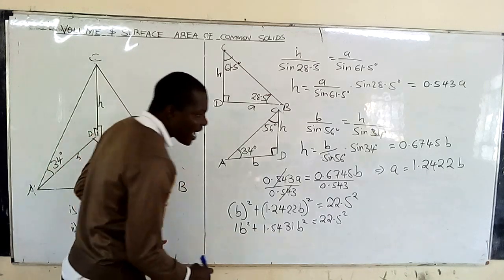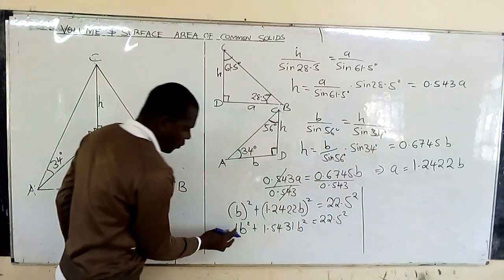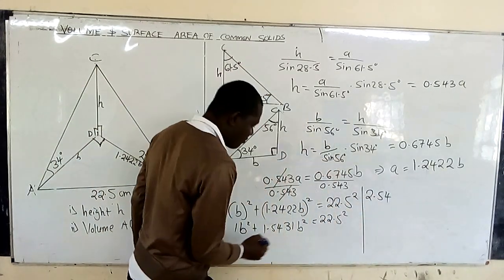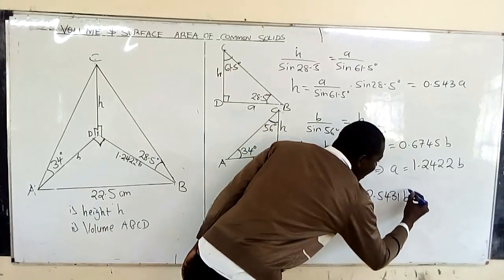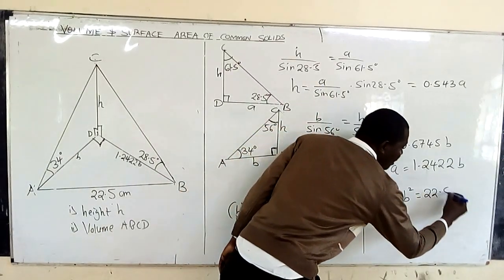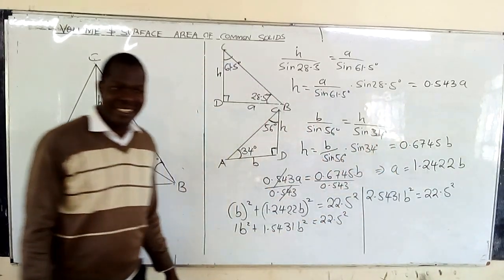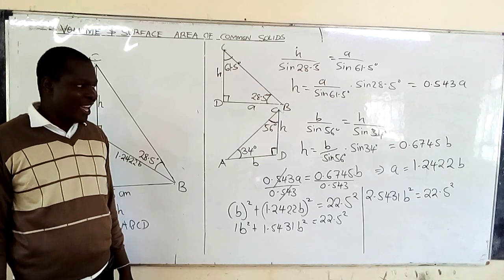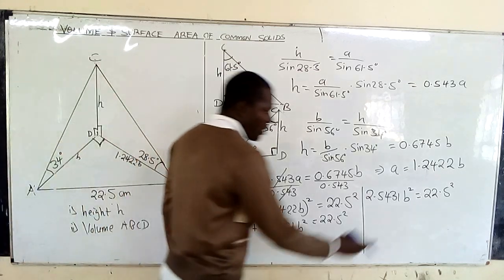And what do you get there? 1 plus 1.5431, so you get 2.5431 B squared to be equal to 22.5 squared. Are we together? Yes. But you can work out this in numbers.